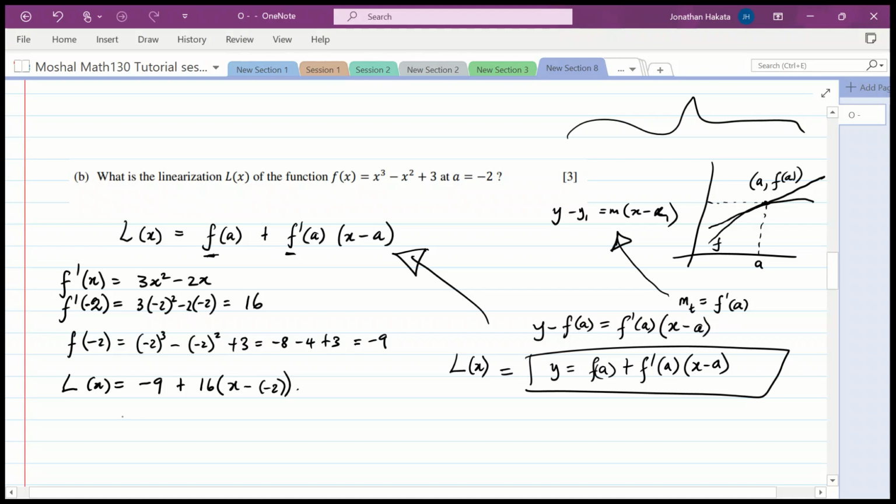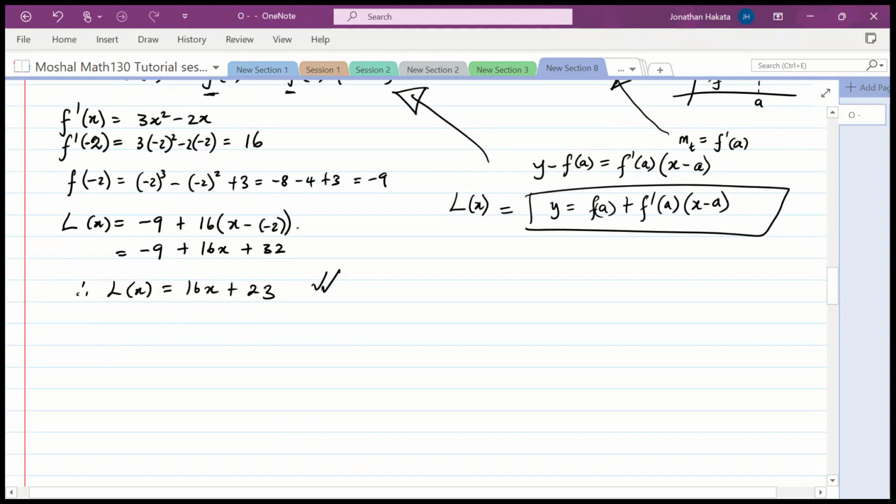Okay, so simplifying this way, that gives you minus 9 plus 16x plus 32. Therefore, the linearization which we are required to find is 16x plus 23. Okay, this was not so difficult. Let's move on to the next.